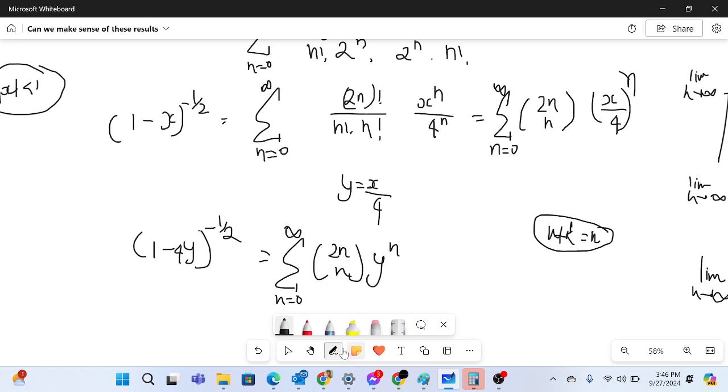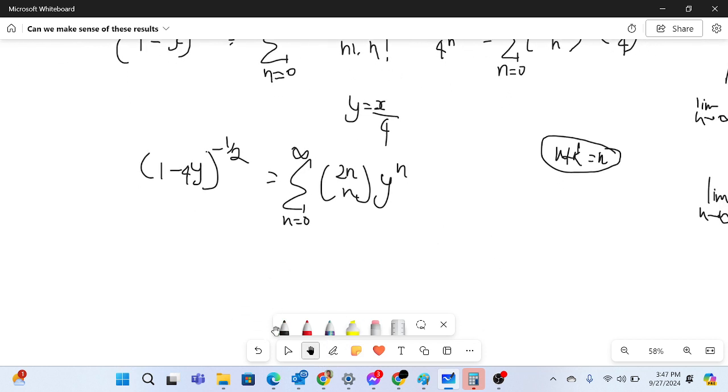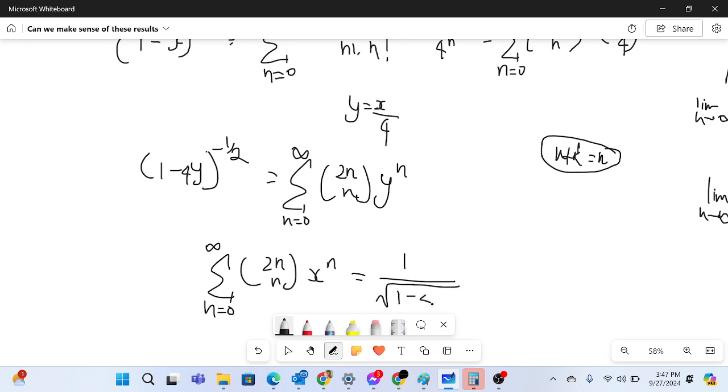So we see that the function expansion for this wonderful series, sum from n equals 0 to infinity of 2n choose n x to the power n, is 1 by the square root of 1 minus 4x, which converges only if the modulus of 4x is less than 1. That means the modulus of x is less than 1 by 4, correct?